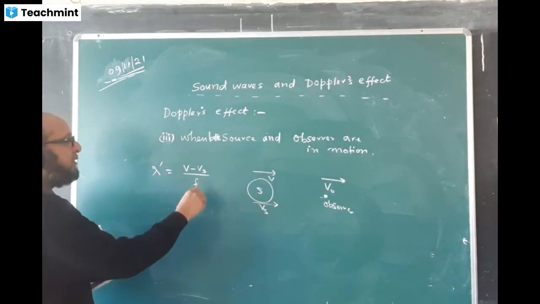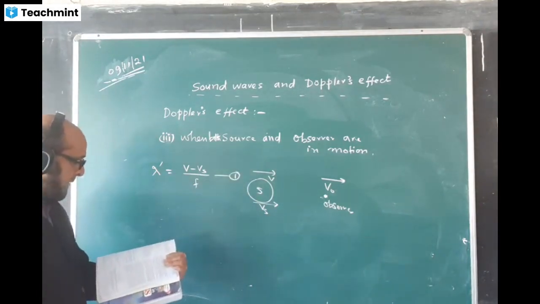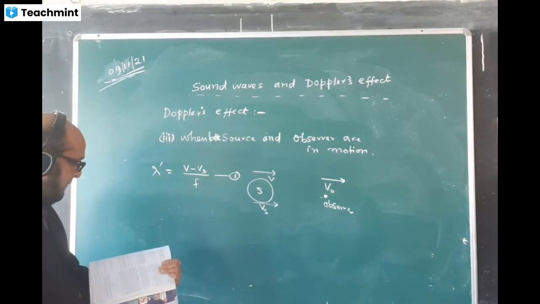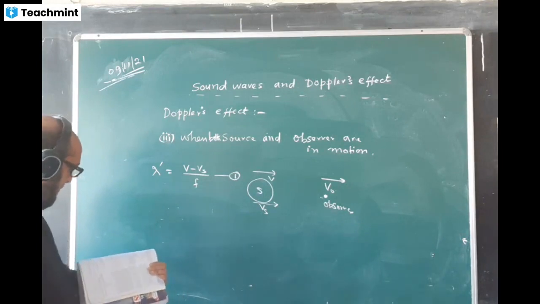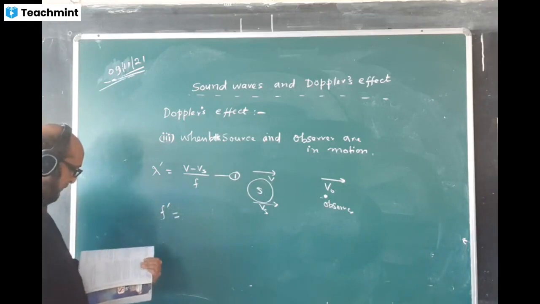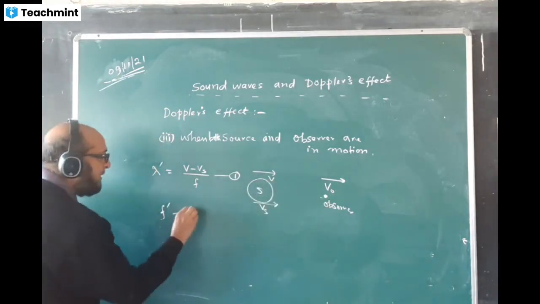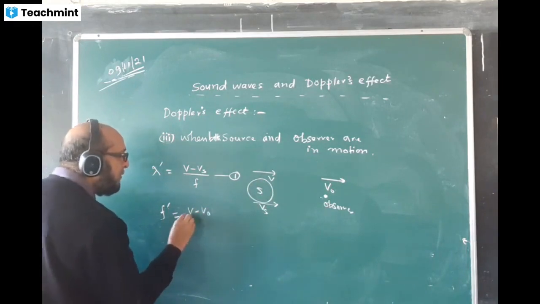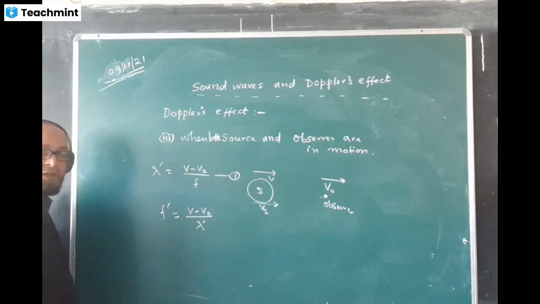No, sorry, f is the frequency in equation number 1. And there will be changing the frequency as well. F dash will be, this velocity and this velocity will subtract, like the first formula, V minus V naught by lambda dash, because the wavelength is also changing.